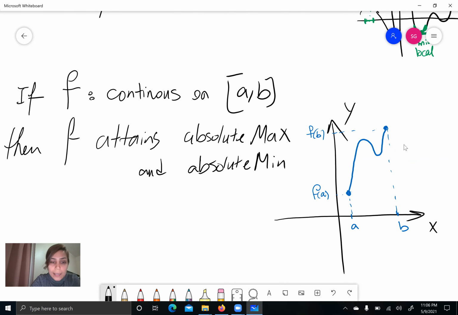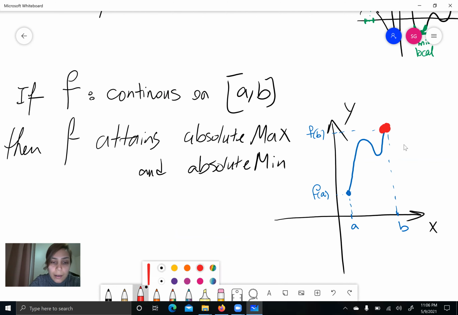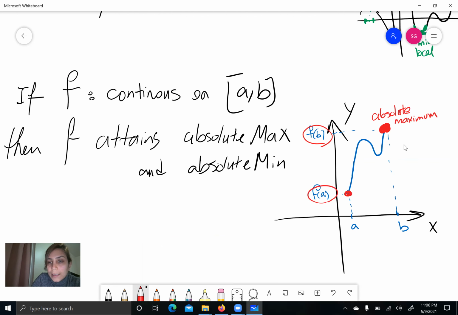So in this picture, f of B is going to be the absolute maximum because it has the highest height. That's the maximum height. And f of A is going to be the absolute minimum because that's the smallest height. Okay, that's what this theorem says.